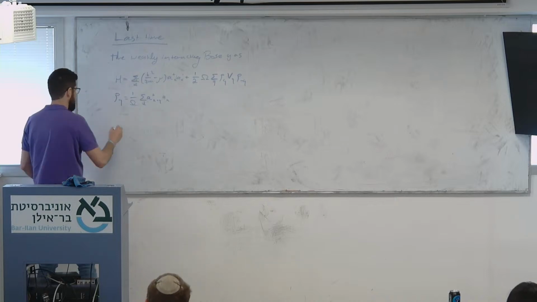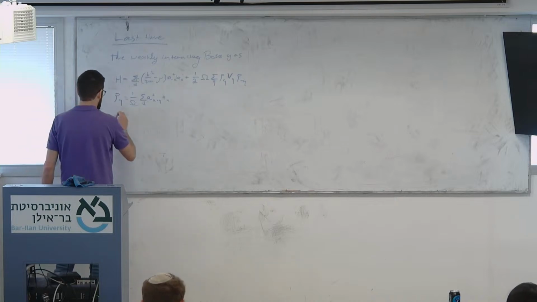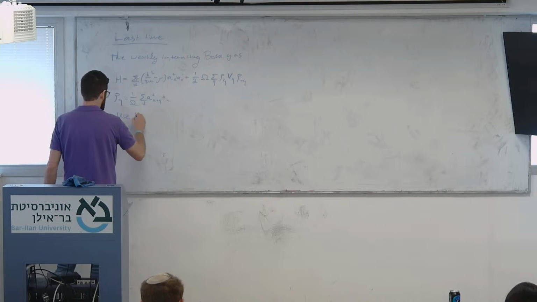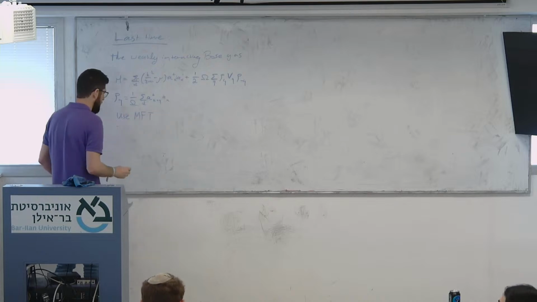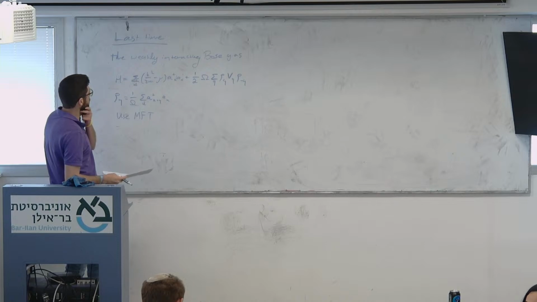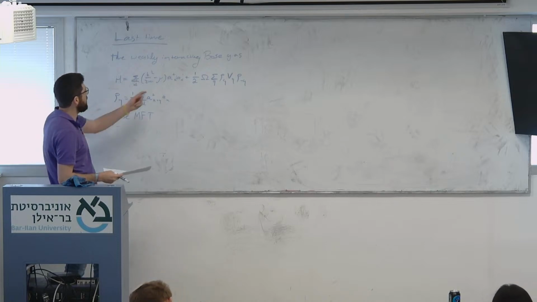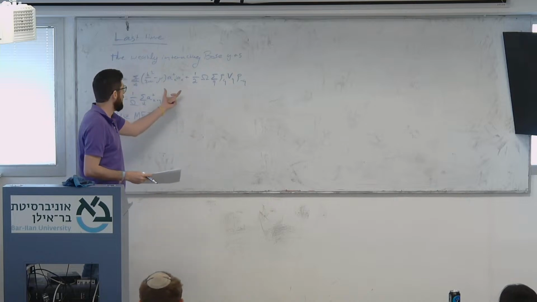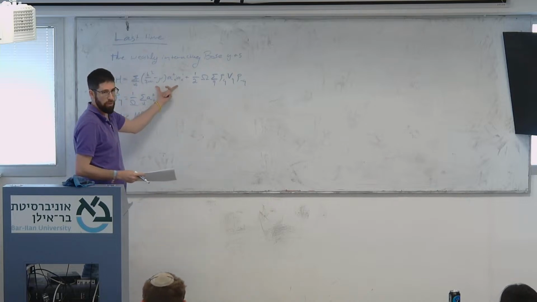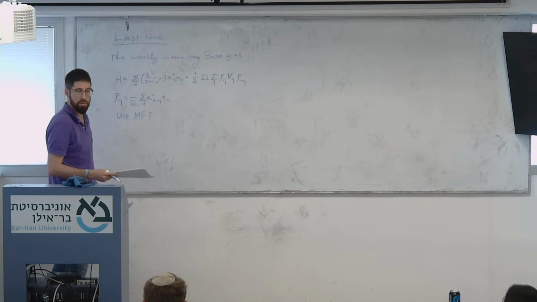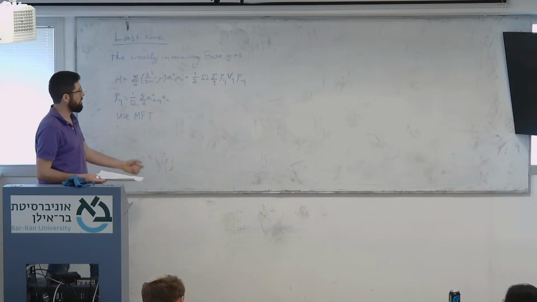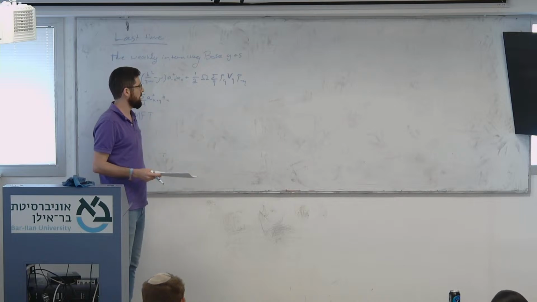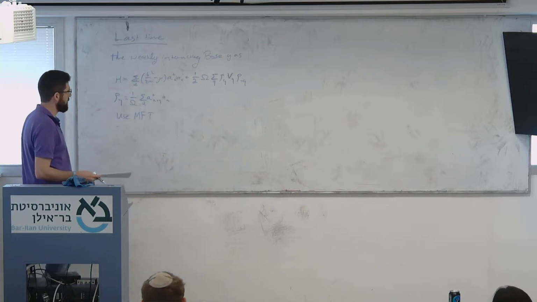Then what we did is we used mean field theory. We know that without this interaction, the free gas undergoes Bose-Einstein condensation. Now we want to understand this in the interacting model.